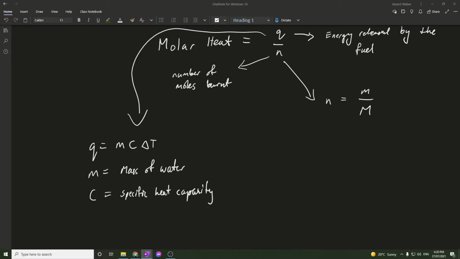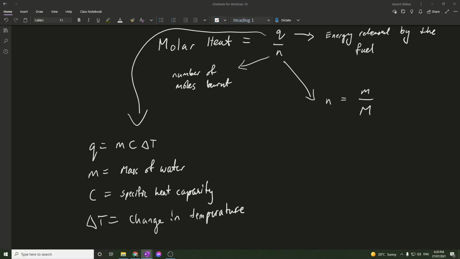And delta T is the change in temperature. We've actually collected enough information from our experiment to go ahead and plug in numbers for both of these.